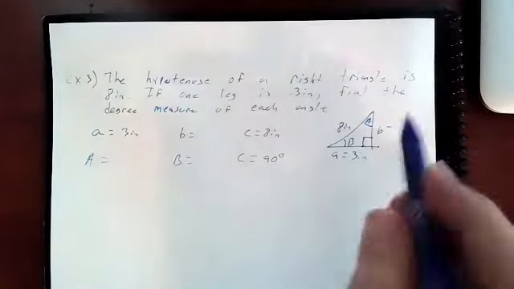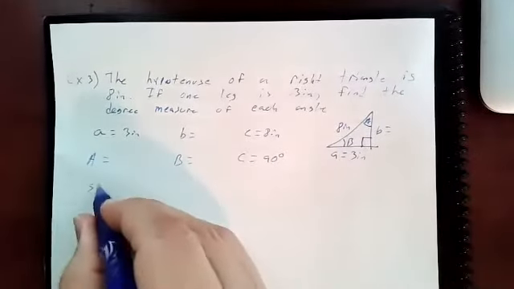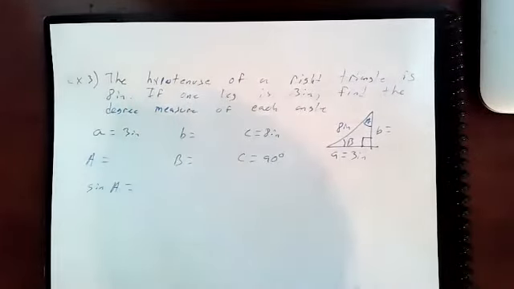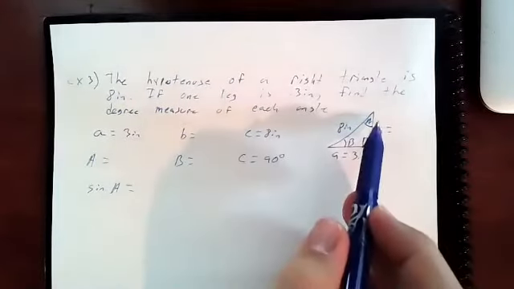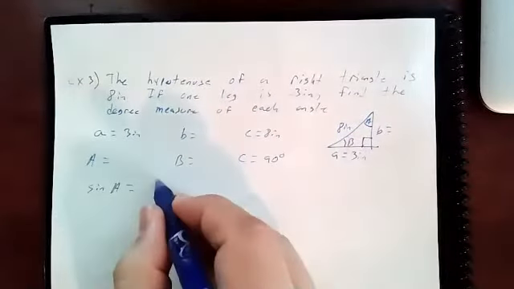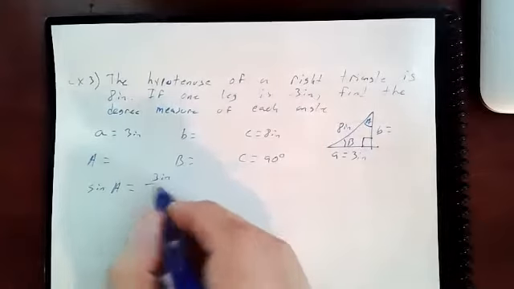Because if I use sine A, even though I don't know what A is, I can solve for it. Sine A would be equal to the opposite side, 3 inches, right, over 8 inches.